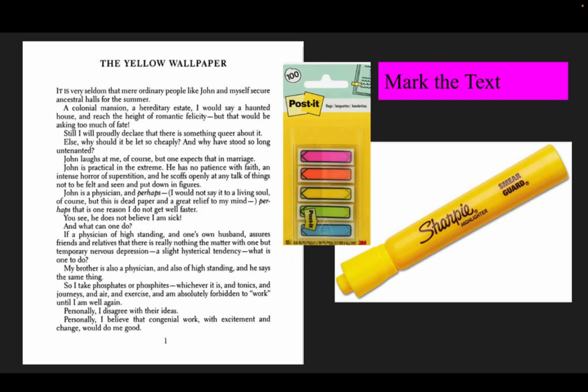A lot of people don't like to write in their books, and so if that is the case, then the little sticky flags work quite well. But what you're looking for are passages that, first of all, talk about the wallpaper, but also passages that appear to be discussing this idea of the oppression of women.